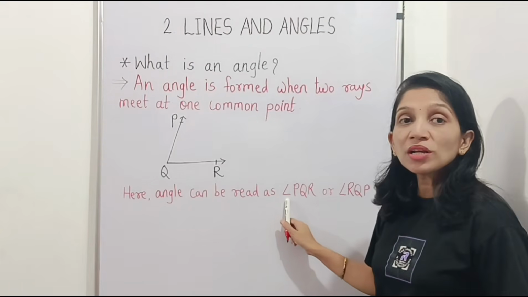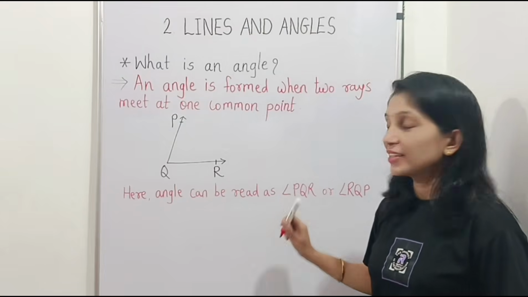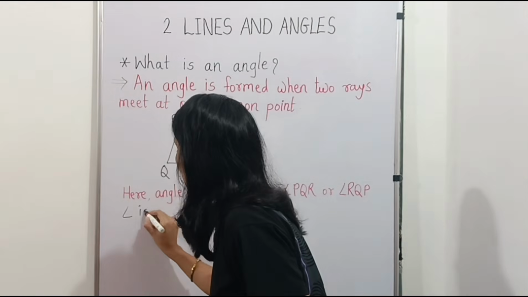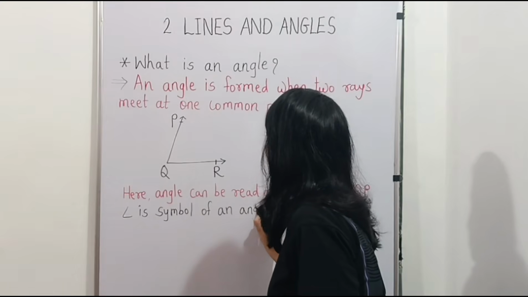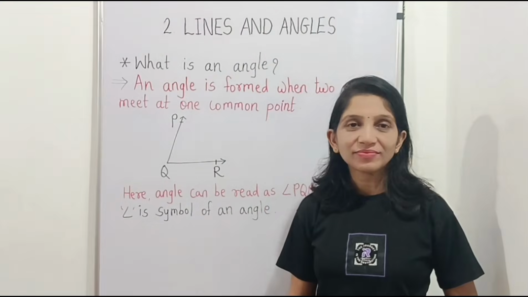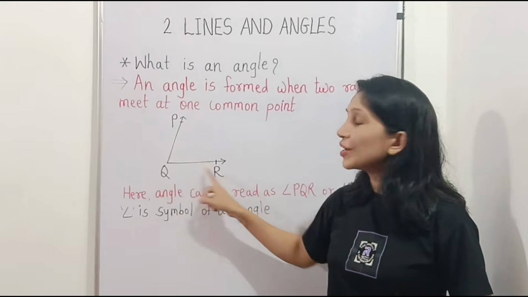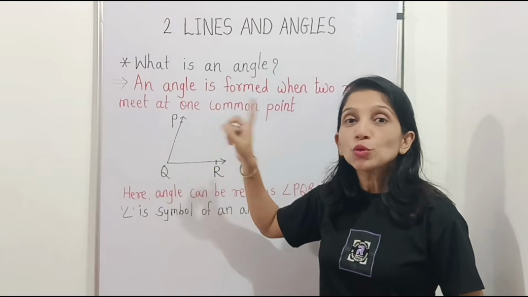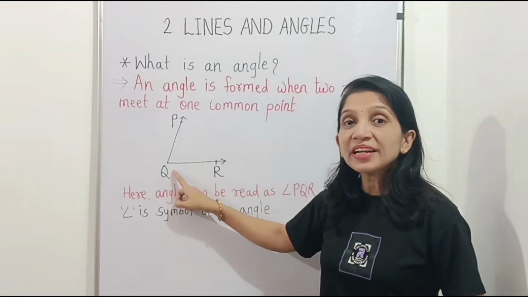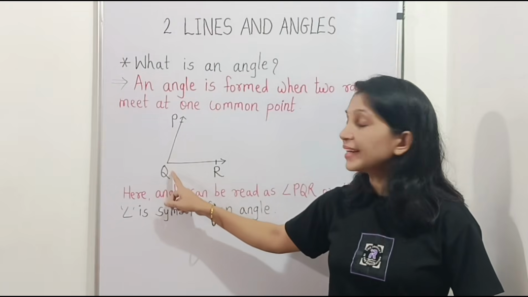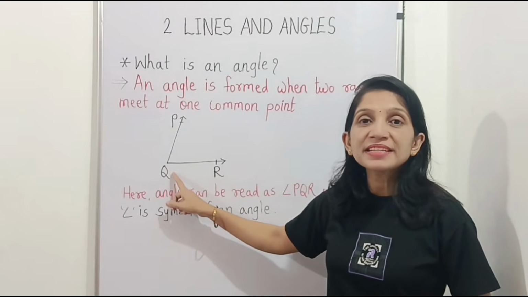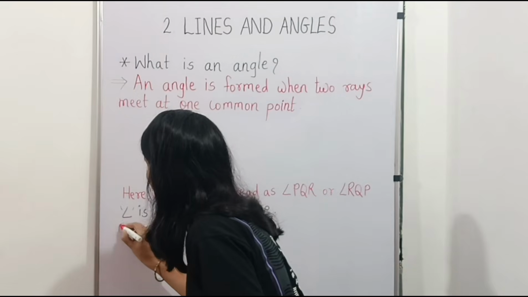This is the symbol of the word angle. While reading or writing the name of the angle, we should always write the corner letter in the middle. The corner letter or common point is called the vertex.